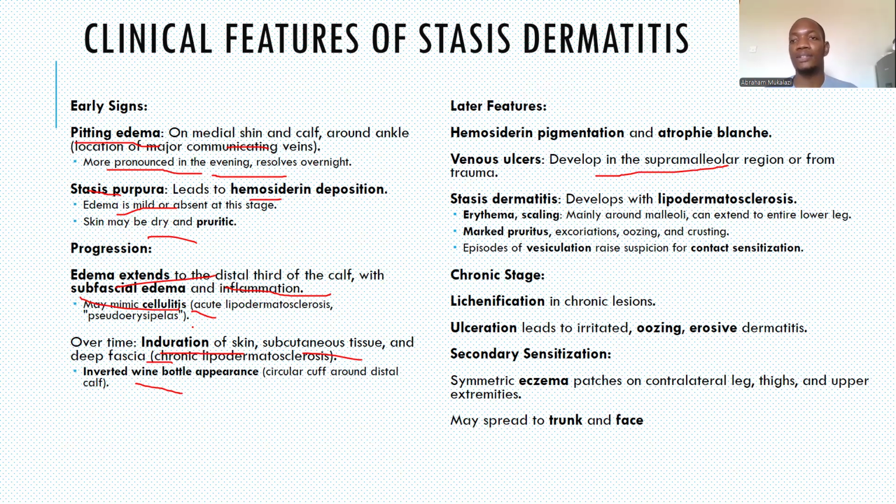But in this case, the ulcers are usually due to congestion, and usually the ankle supramalleolar area is the first area where you get the edema, and that's where you get the first ulcers most of the time.